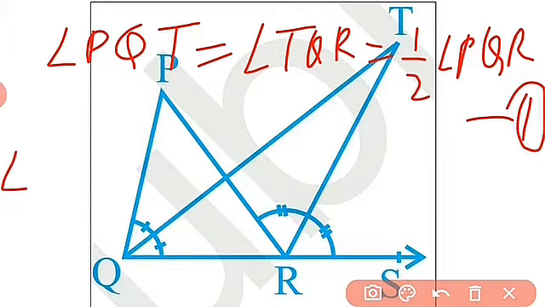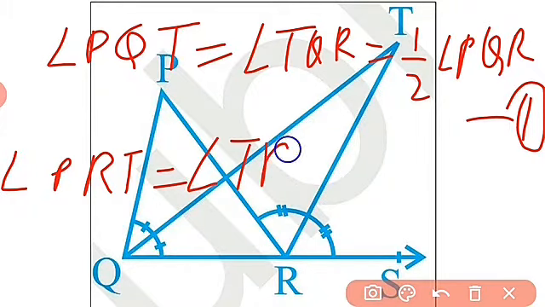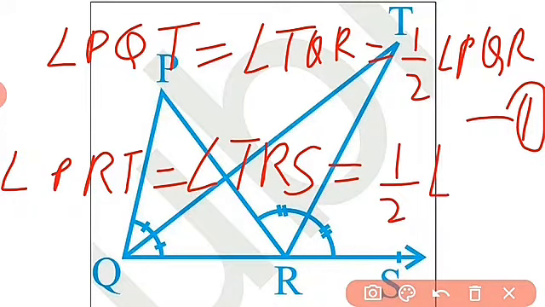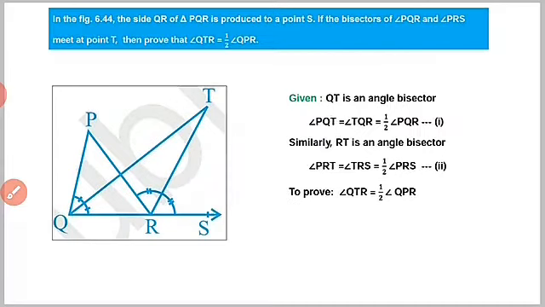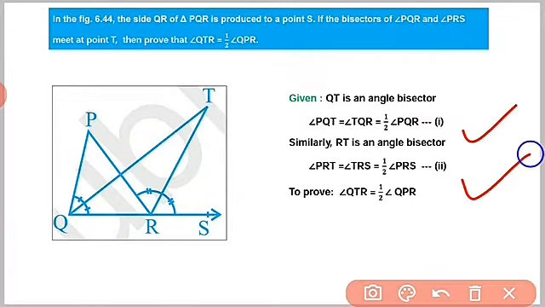So angle PRT is equal to angle TRS, which is equal to half of angle PRS. This can be taken as 2. See, this is 1 and 2. We need to prove that angle QTR is half of angle QPR.